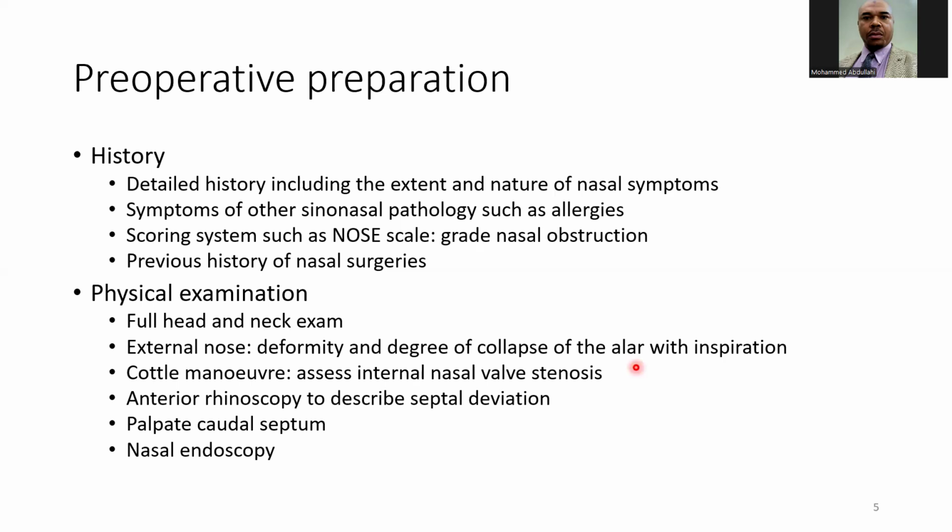Anterior rhinoscopy is done to describe the site, the type, and the extent of septal deviation. It also detects other nasal pathology that may cause a nasal obstruction. Palpate the caudal septum for thickness, strength, and orientation. Nasal endoscopy may be done if there's other nasal pathology that may cause nasal obstruction.